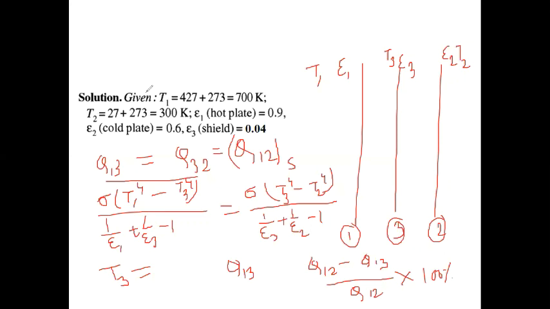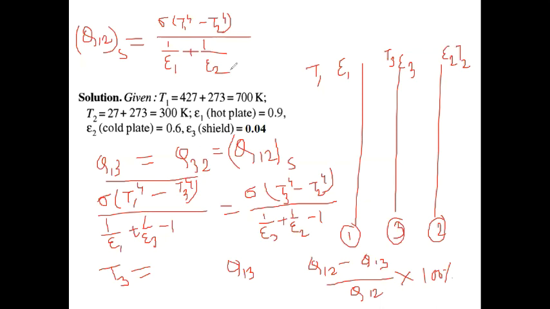When we use the electrical analogy of the radiation shield, which we already discussed, we find Q12 when we apply the shield equals sigma, if we consider the area remains the same, T1 to the power 4 minus T2 to the power 4, divided by 1 by epsilon 1 plus 1 by epsilon 3 plus 2 by epsilon 3 minus... 1 by epsilon 2 minus 1. This we already proved in the previous class.